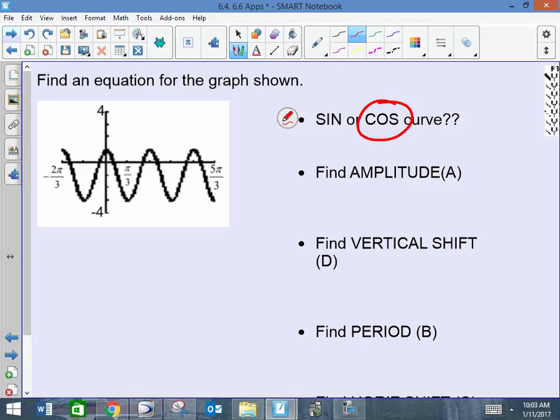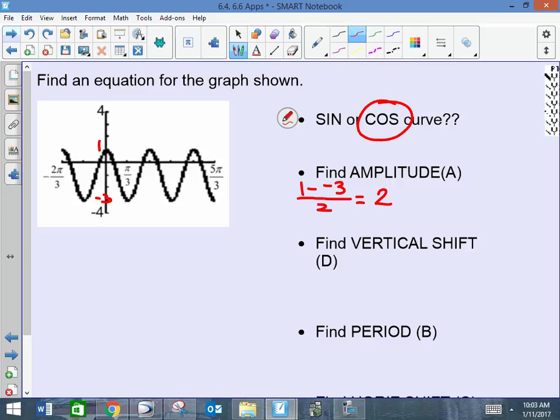All right? So let's find the amplitude by identifying the top, which is 1, the bottom, which is -3. So 1 minus a -3 divided by 2 is what? 2. So the middle is 2.